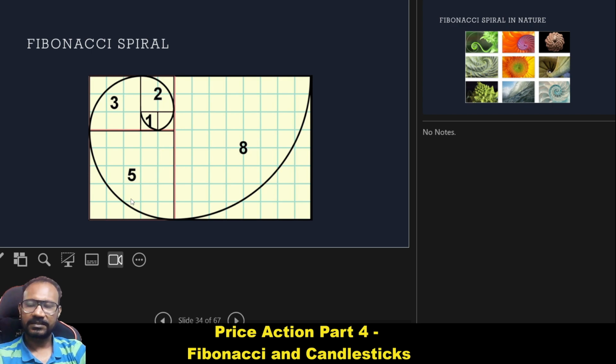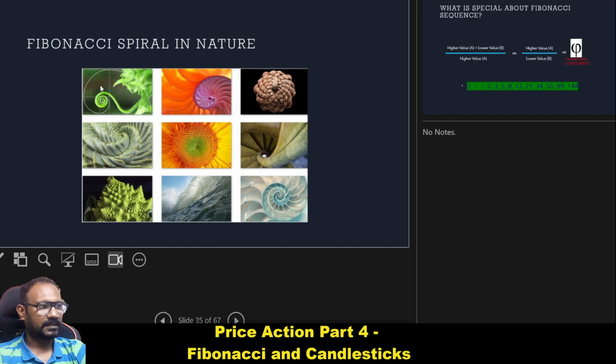Which is a very significant way to predict the future, and the spiral is often found in nature, and like I said, we are going to see. You can see that all these structures, the universe, the waves that are getting generated in the ocean, and the way that the pine flower is arranged, everything contains a Fibonacci spiral.